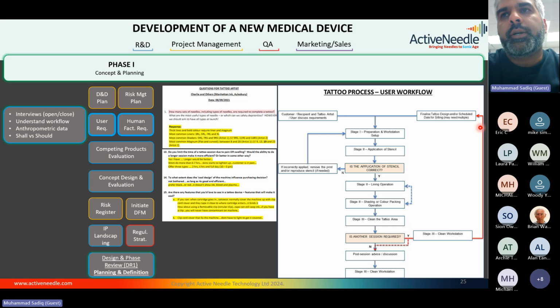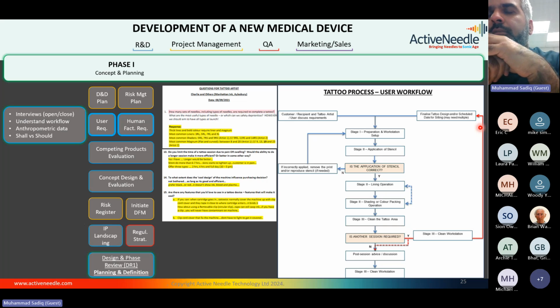You would look into the user workflow as well, which is also very important. It highlights some of the key requirements. Just a simple example: if you recall the picture that I shared for the tattoo device, we have a handpiece and we have a console. One of the things that came out quite clearly from understanding the user workflow is which way the cable is going to come out, because the handpiece is connected via cable to this console.